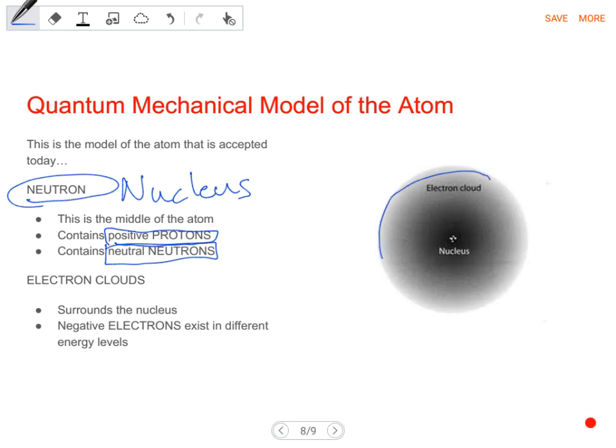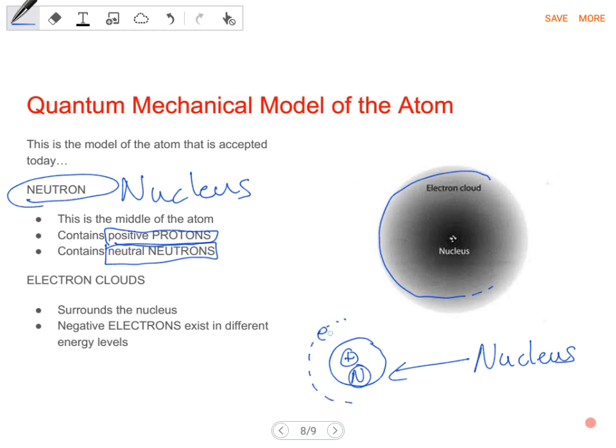And then you have an electron cloud, which contains the electrons in different energy levels. In other words, if I drew it myself, I would put this as the nucleus. Inside the nucleus, you're going to have positive protons and neutral neutrons, various numbers. And the electrons are going to orbit in different energy levels. That's the given model of the atom that we have right now.